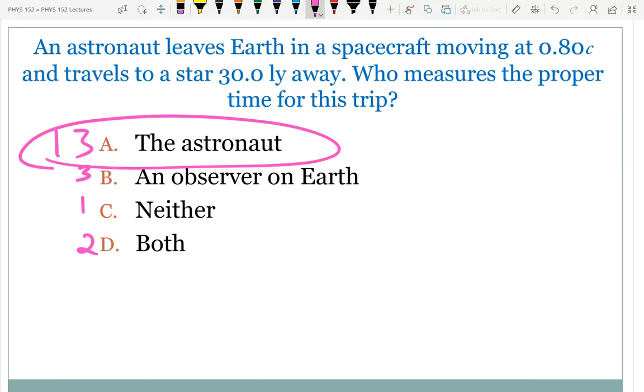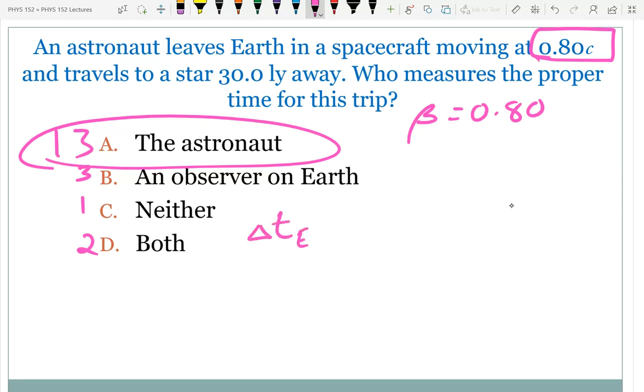Well, okay. Let's go ahead and calculate what you're talking about. So we have it's traveling at 0.80 C. Now, if you are the person on Earth, you measure the distance to be 30.0 light years away, and this spacecraft is traveling at 0.80 times the speed of light, and you can quickly calculate the time it's going to take to make the trip on Earth.